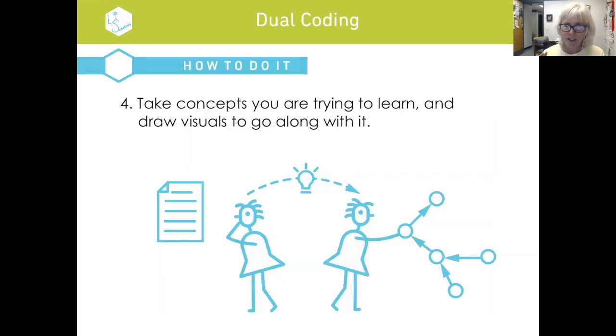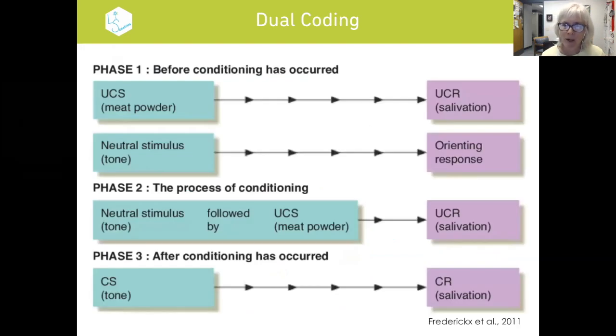Now, what you're going to do is take the concepts you're trying to learn and draw visuals to go along with them and make sure that those fit together. So for example, you might draw this chart, and in that chart, you might be thinking about the phases.